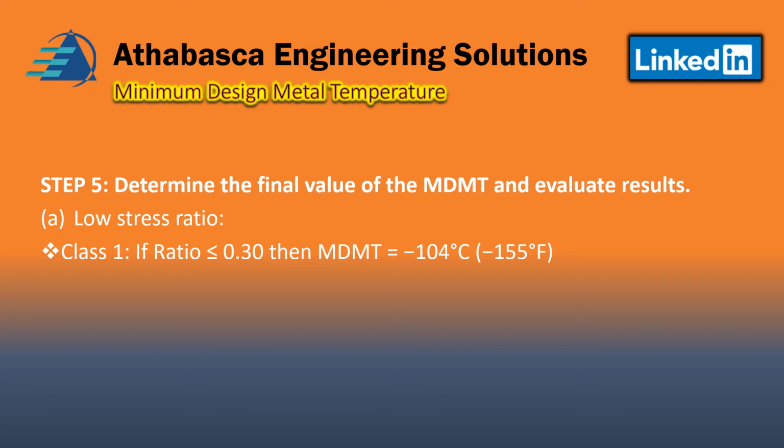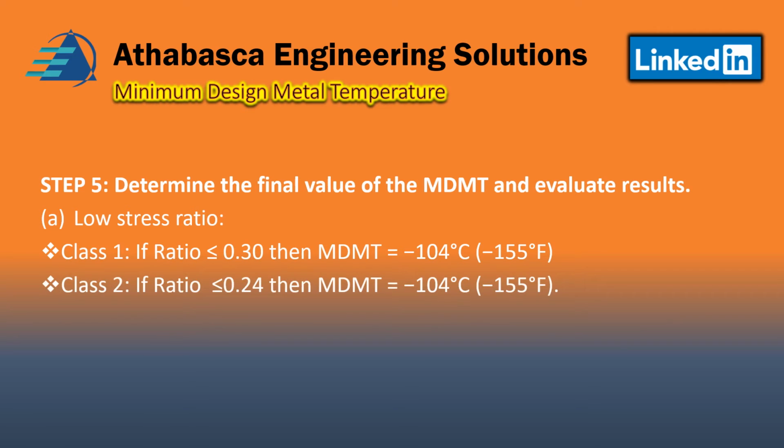If the ratio is equal to or less than 0.3, then the MDMT is minus 104 degrees centigrade. Likewise, if the ratio is equal to or less than 0.24, then the MDMT is minus 104. So you can see that there's a difference between a class 1 and a class 2 design. You need to make sure that you're using the right tables.